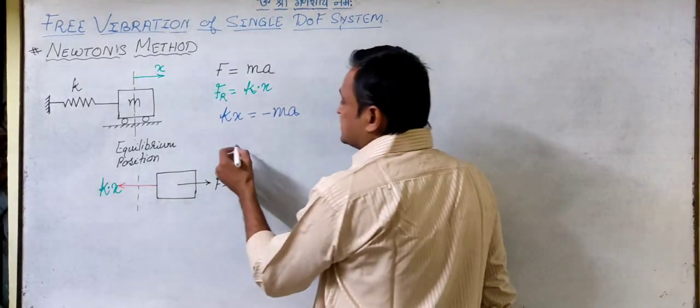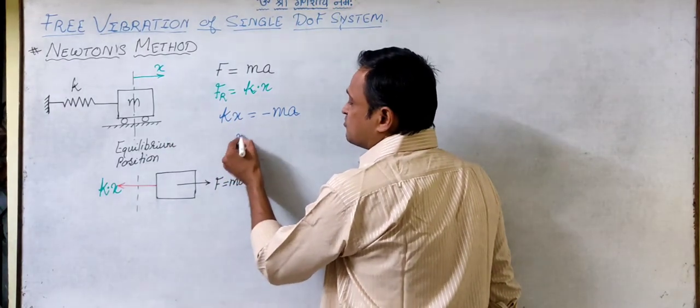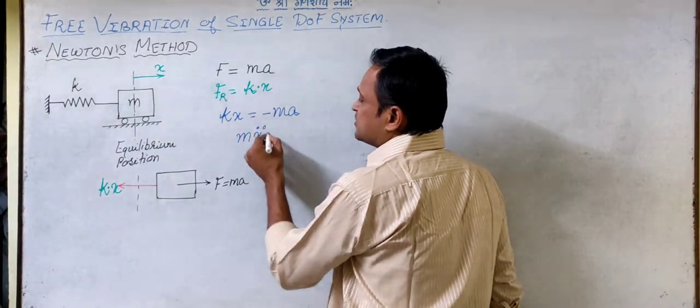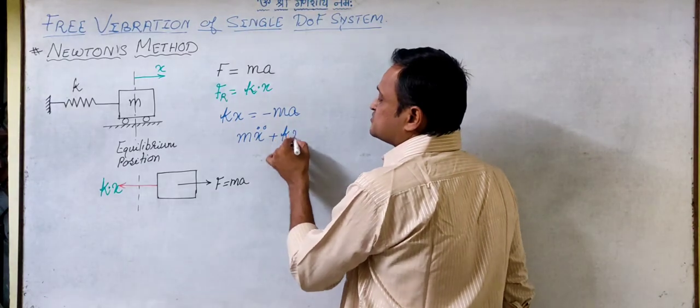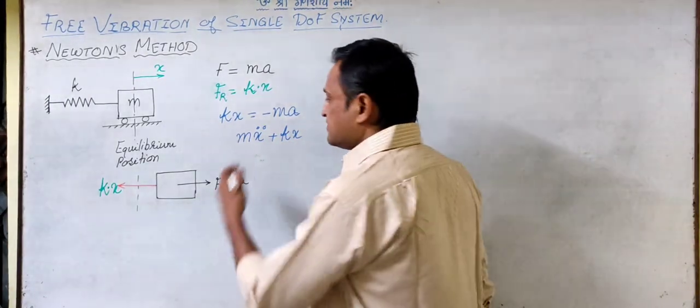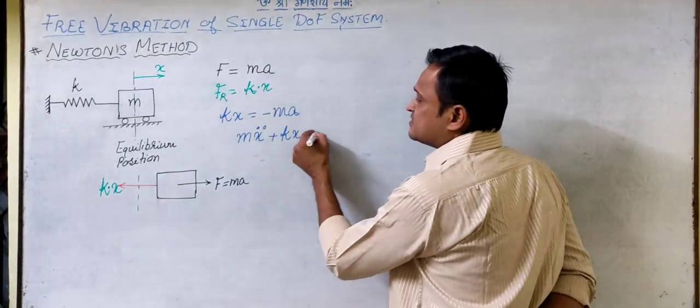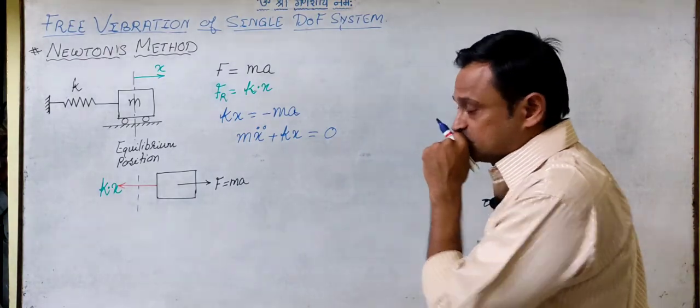So I'll bring it to the same side: mass into x double dot, where x dot is velocity and x double dot is the rate of change of velocity, that is acceleration, plus kx is equal to 0.